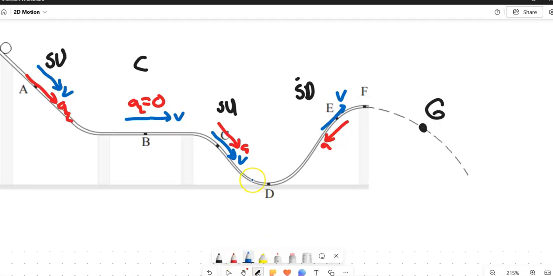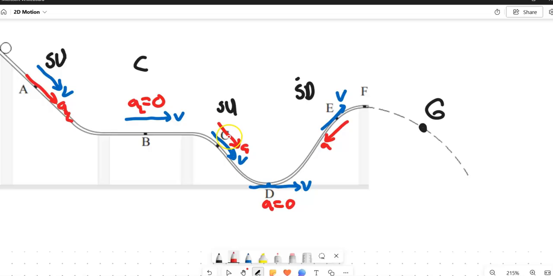So at D, it is definitely moving to the right. Again, kind of a tangent to this circle. So I'm drawing a little tangent line at this dot, and that's a velocity vector. Now, it's going from speeding up to slowing down. So at that instant, it has to have a momentary part where the acceleration vector is switching directions.